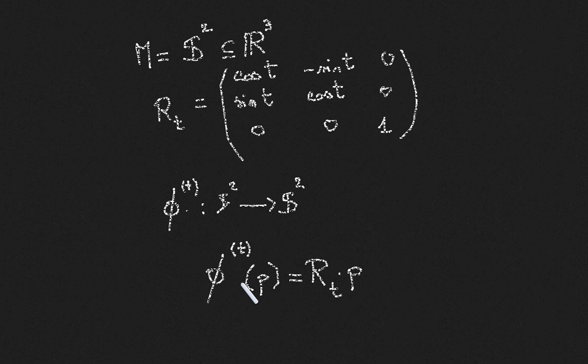And for t equals 0, you get the identity. And this is a smooth map because the map sending t to the rotation is smooth, and the map here is just a linear map. So it's a composition of a smooth map and a linear map. So this is, for example, a one-parameter group of diffeomorphisms of the sphere.